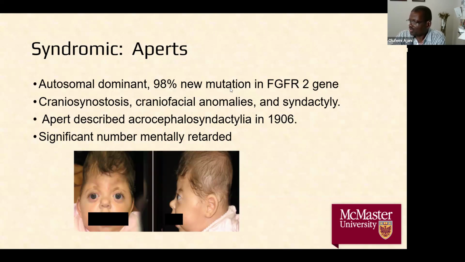That's why it's sometimes described as acrocephalosyndactyly. And most patients will have mental retardation as well. Because of the significant associated abnormalities, including hydrocephalus, which could occur in these patients, we usually obtain an MRI in these patients.